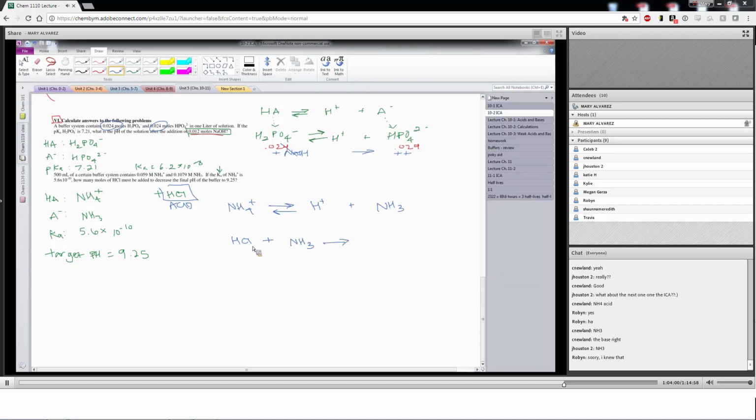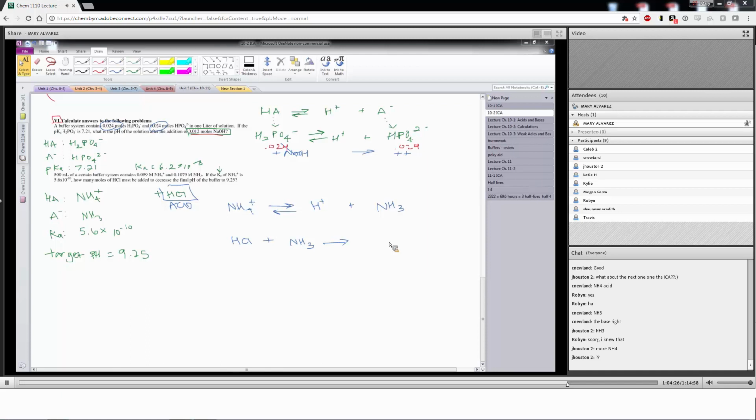And when my HCl reacts with my base, what am I going to get? More NH4.